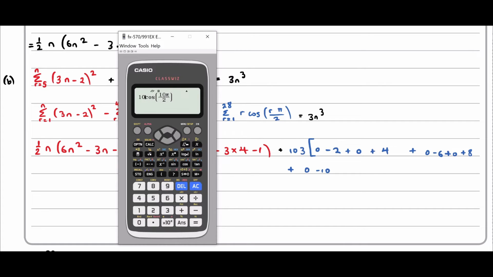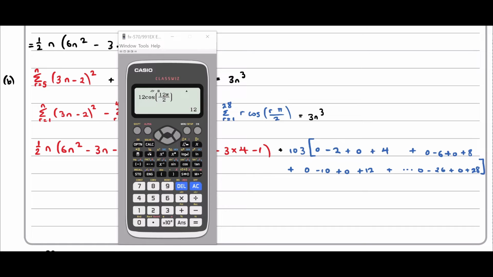When r equals 11, we have 0. And then when r equals 12, we have 12. We can carry on, but the final four terms will be 0 minus 26 plus 0 plus 28.